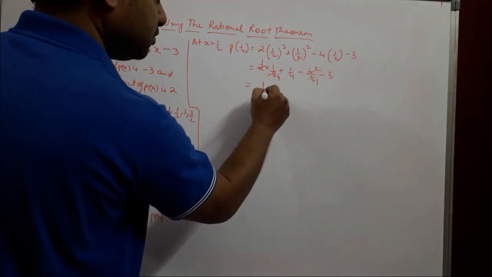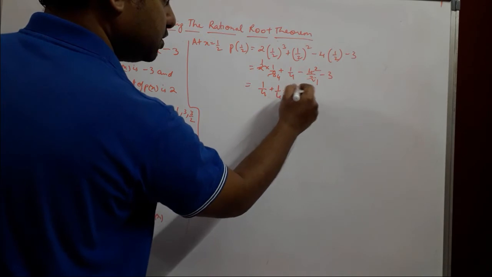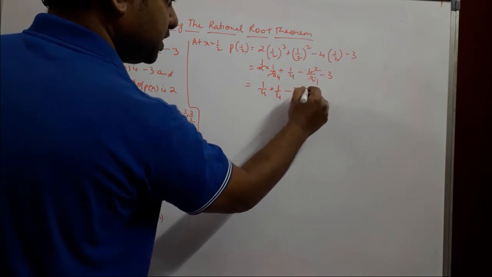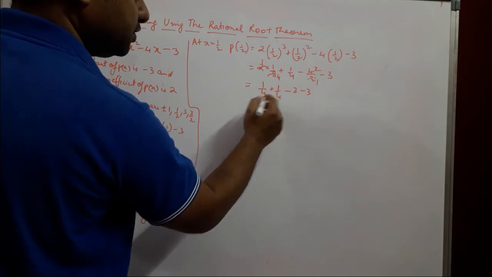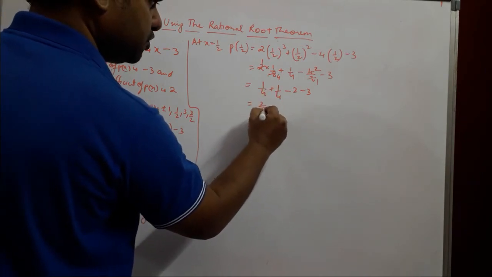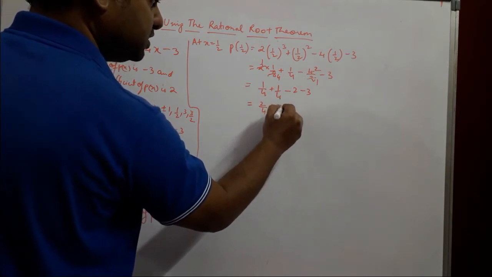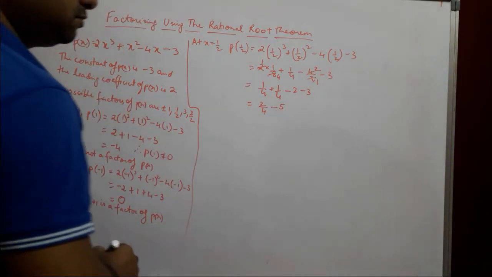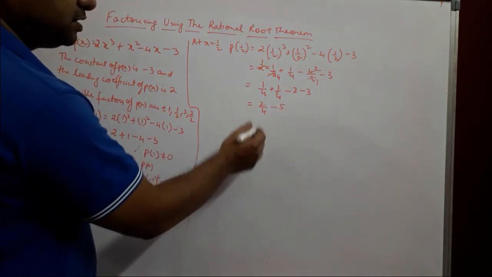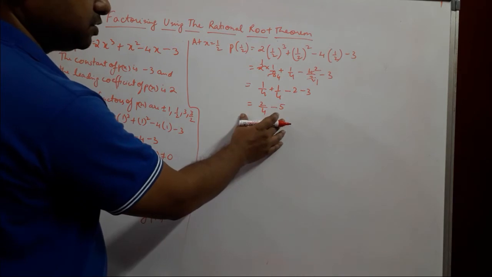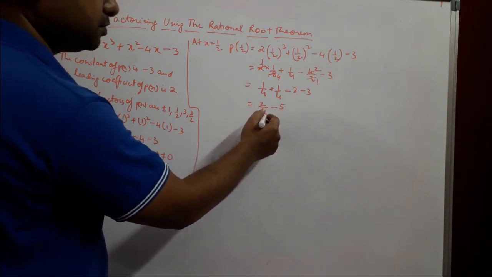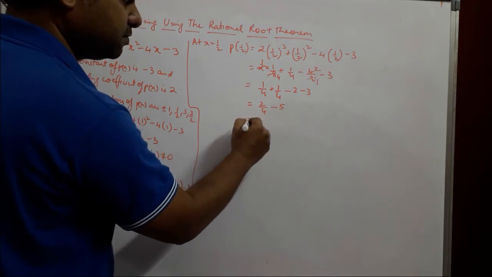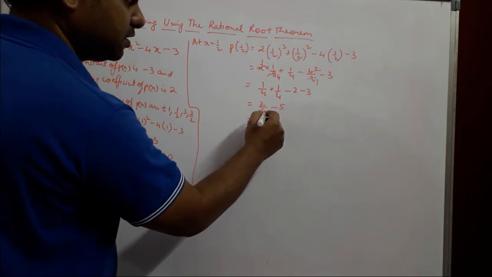We are left with 1 upon 4 plus 1 upon 4, and this would be minus 2 minus 3. Okay, these two I can take together. This will give us 2 upon 4 minus 5. Now clearly you can see that this is not going to be equal to 0, but anyways we'll continue and solve this problem. So if we take that decimal, we'll take the LCM, we'll get 4 into 5, 20.